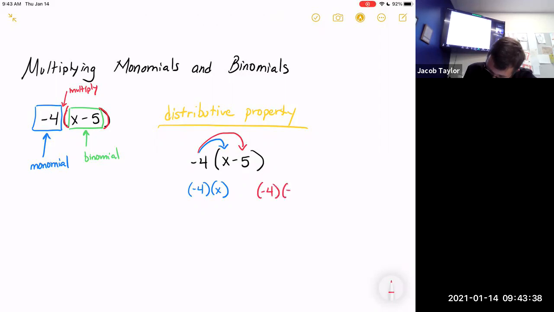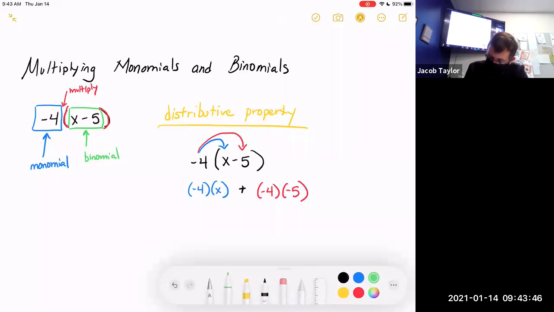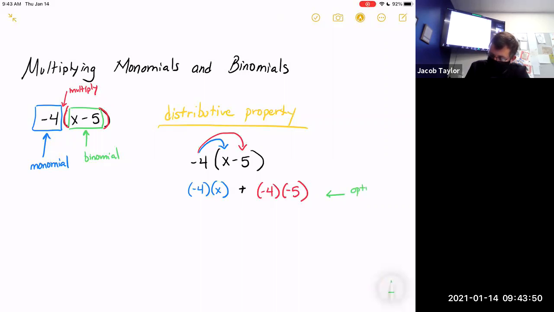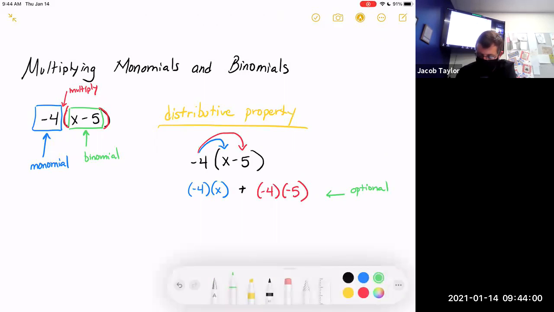And I'm just going to add these two things together. Now, this step right here that I just wrote is an optional step that you don't have to write out. In fact, after you are multiplying for a while, you're going to get where you don't need to write it out. I'm just doing it the first time so you can see exactly what we're doing.